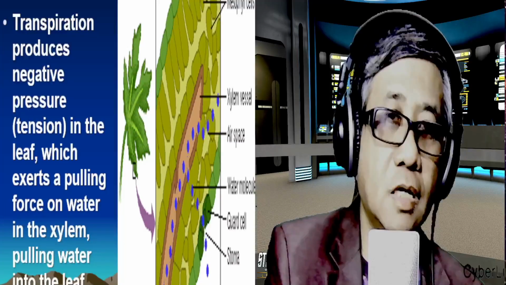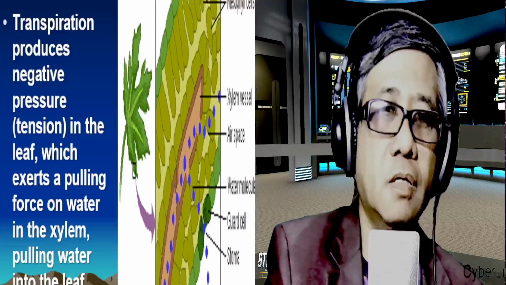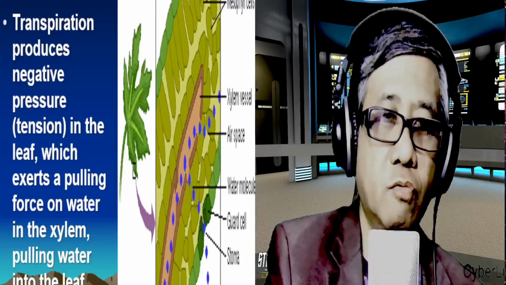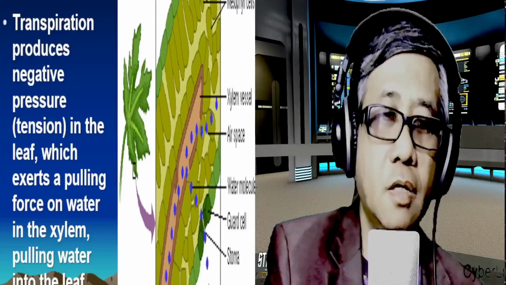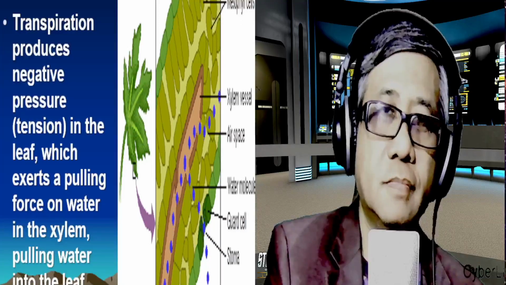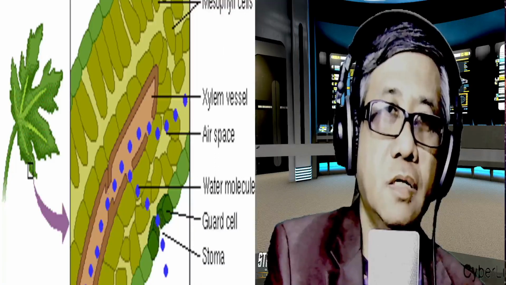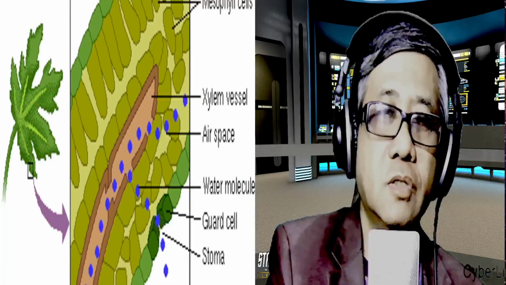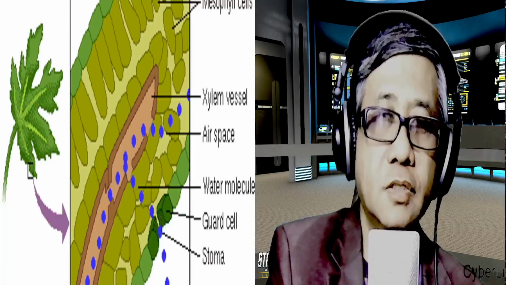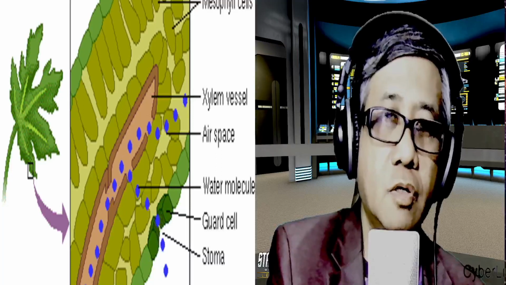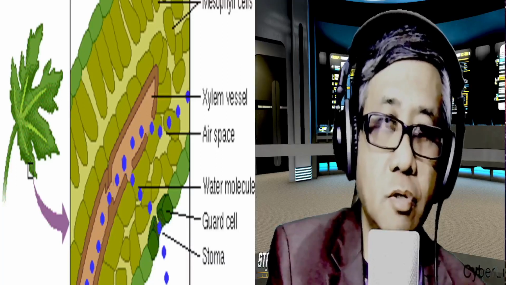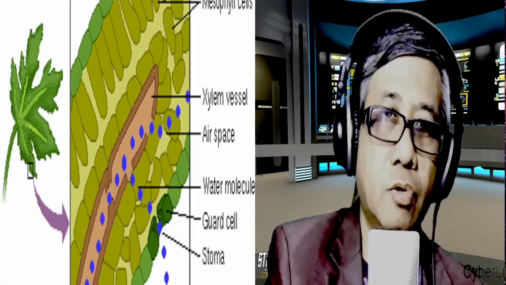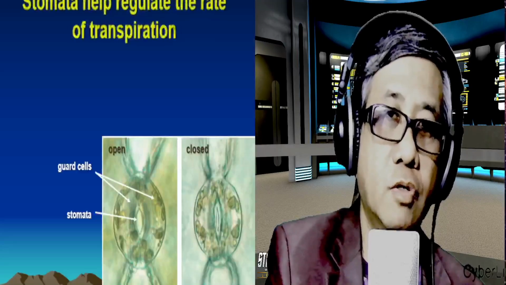Transpiration produces negative pressure, that's tension, in the leaf, which exerts a pulling force on water in the xylem, pulling the entire water column upwards. As you can see in this animation, water in the leaf evaporates. Water is converted into gas. So the adjacent water molecules replace those water molecules that have evaporated, and this will pull the entire water column up, and this is felt up to the roots.